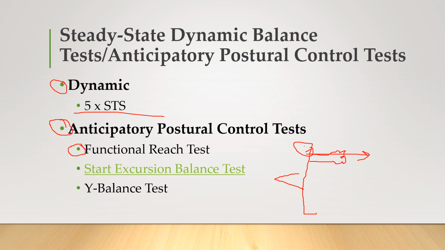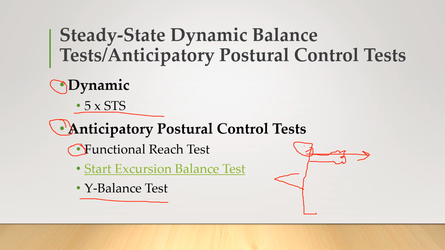Then we also have our STAR excursion balance test, and this is something that you can click on in your lecture, and you can watch what the STAR excursion balance test is, or the SEBT. Very similar to a Y balance test, except it includes more movements.